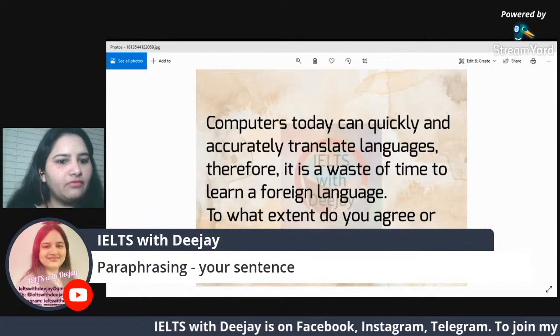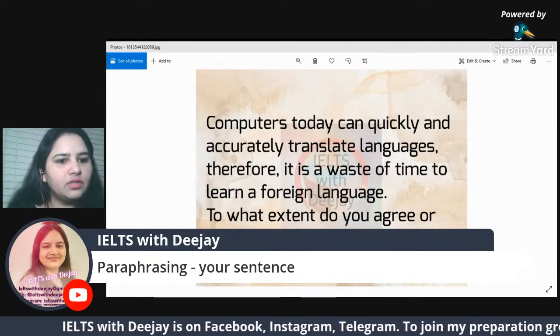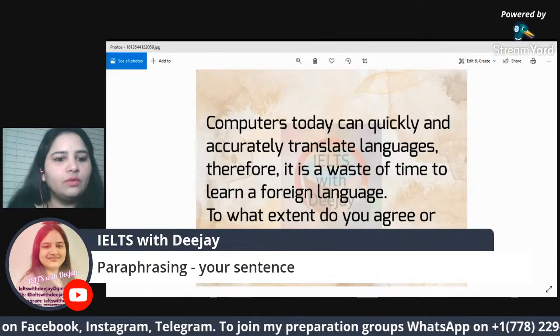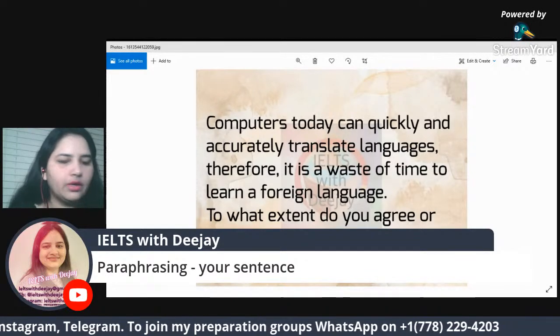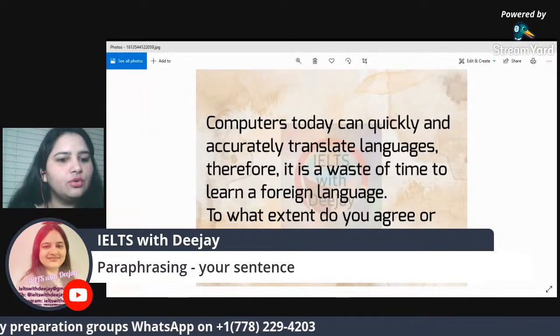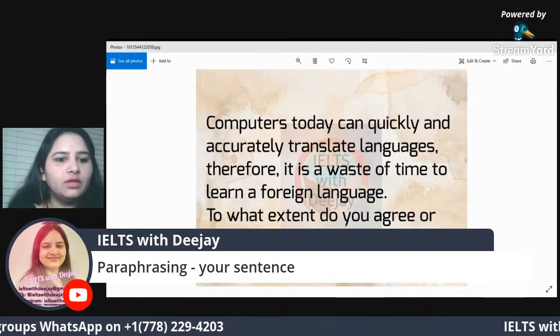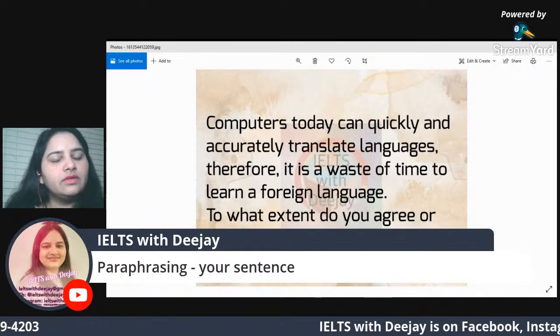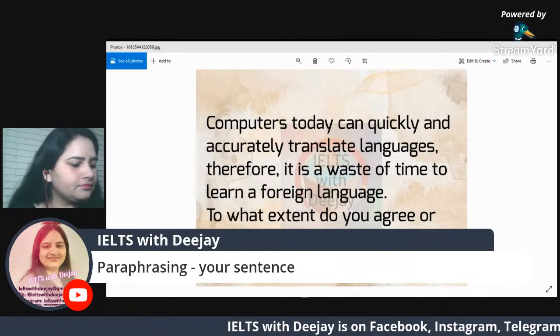You have to write paraphrasing and your sentence for the paraphrasing so that everybody can understand what you are writing. Because we have less space in the comment section, your content will not be fully published. So we will write sentence by sentence.